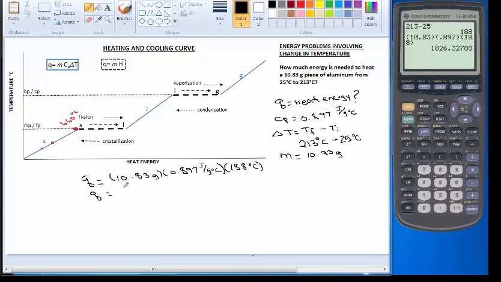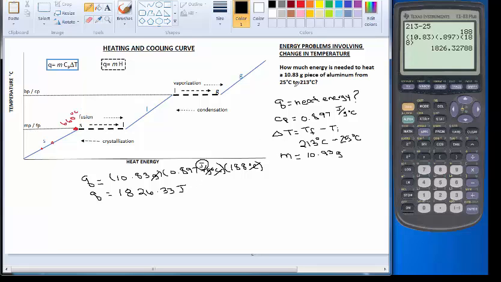And so the number that they give us on our calculator is 1,826.33. Now let's talk about our units. We have a gram on the top, cancels out with a gram on the bottom. A degree Celsius on the top cancels out with the degree Celsius on the bottom to leave us with the unit of joule. So joule would be our unit.